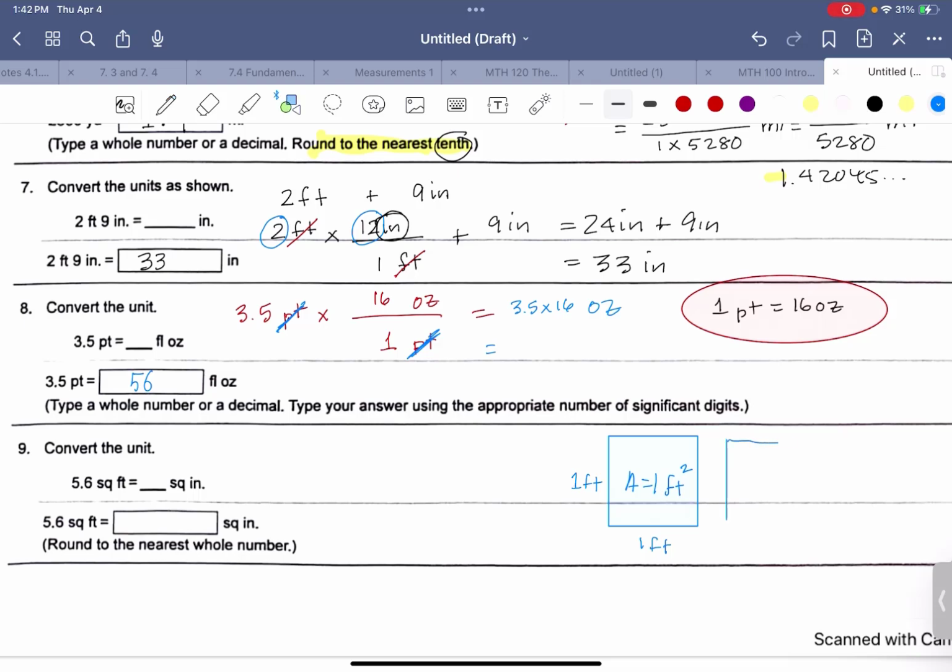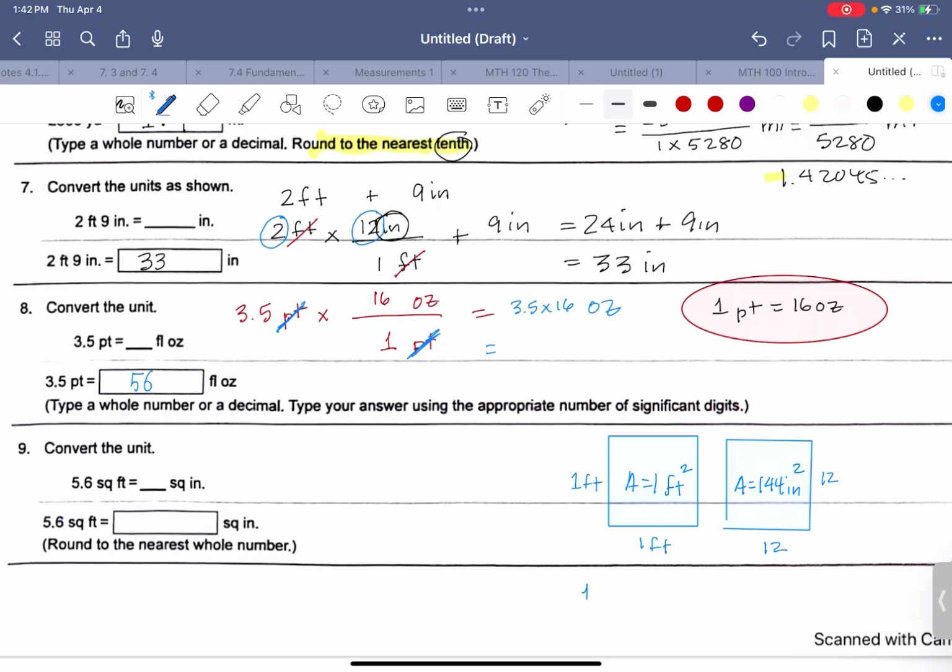The next thing I could look at is, well, that would be the same if you look at it in inches, and a foot is 12 inches, so that would be the same square. Assume those are the same size. And so I could say 12 inches by 12 inches. Well, that is, if you multiply length times width, 144 square inches. So there's our conversion.